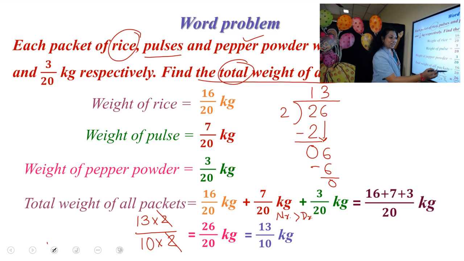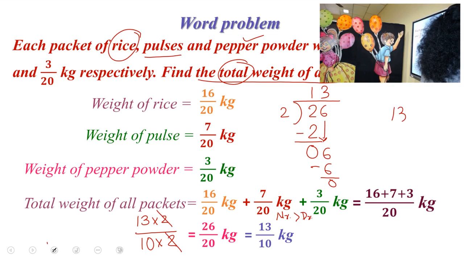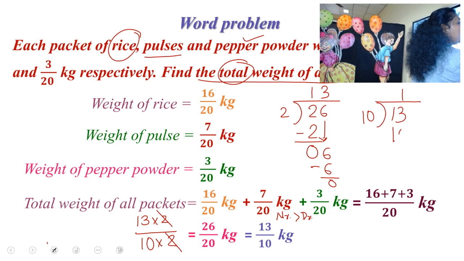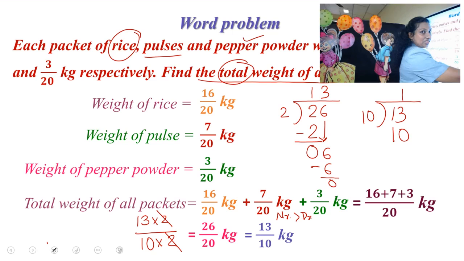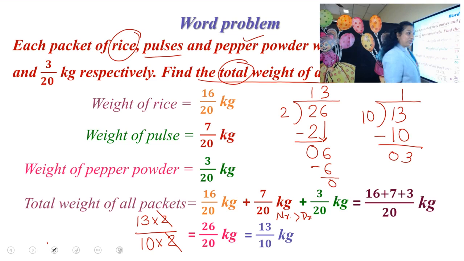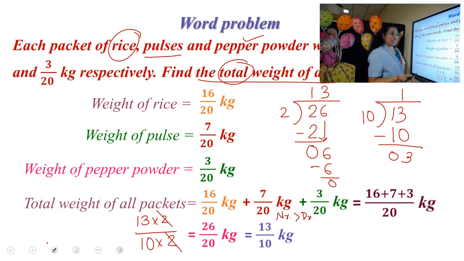So 13 by 10, the numerator is greater than the denominator. How will you convert? Just divide them. 13 divided by 10. 10 will go how many times? 10 into 1 is 10. If we take 2, it is 20, which is greater. So 10 into 1 is 10. Subtract: 3 and 0. So how can we write it? I told you a technique.